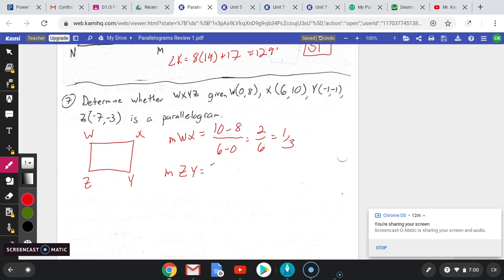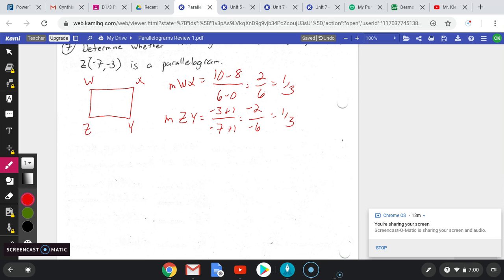That would be negative 3 plus 1 over negative 7 plus 1. Negative 3 plus 1 is negative 2. Negative 7 plus 1 is negative 6. And that does give me 1/3. So remember, because it did work here, I do have to try the next pair of opposite sides.